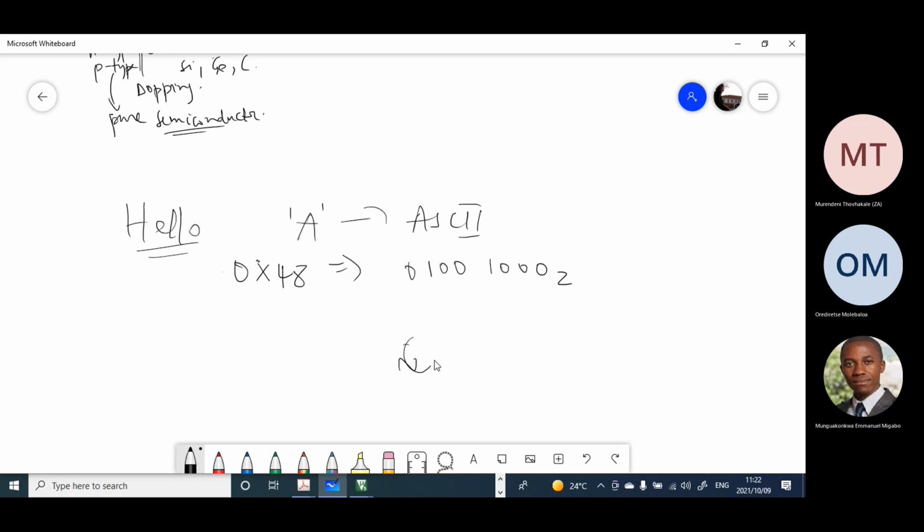Let's say Wi-Fi through the Wi-Fi, and as you know very well, when it comes to the Wi-Fi, can you guys still hear me? Yes, I can hear you. Yes, we can.